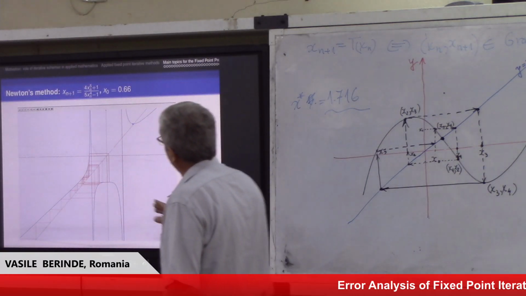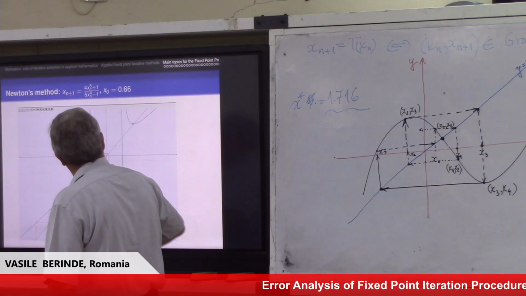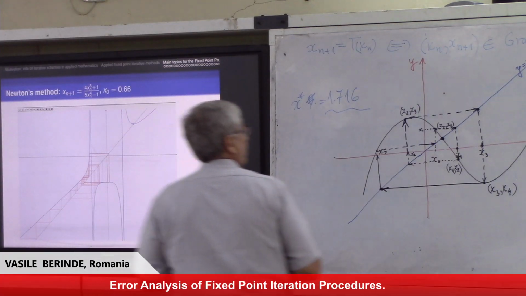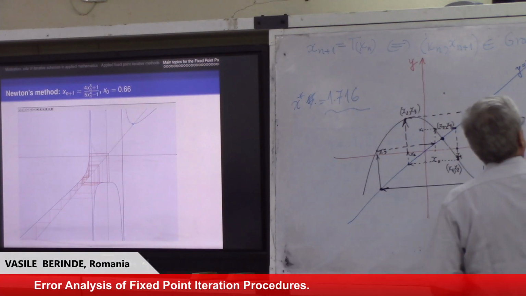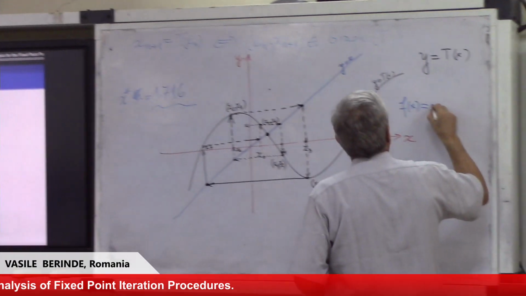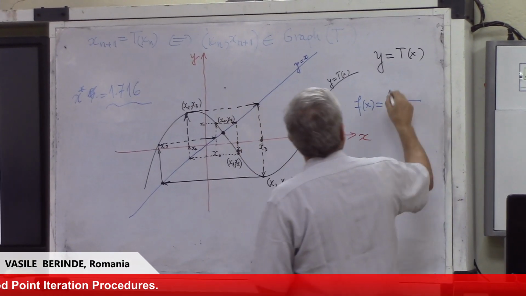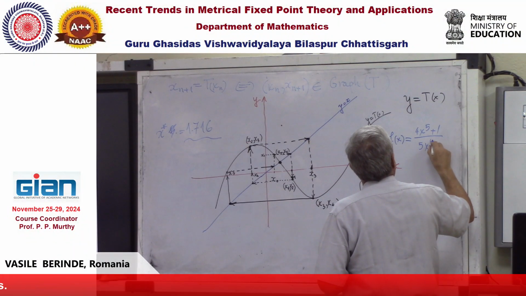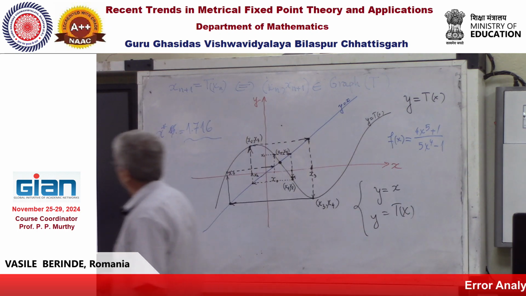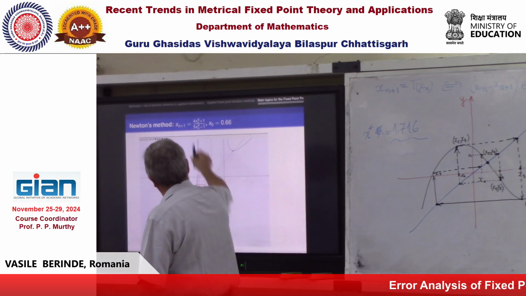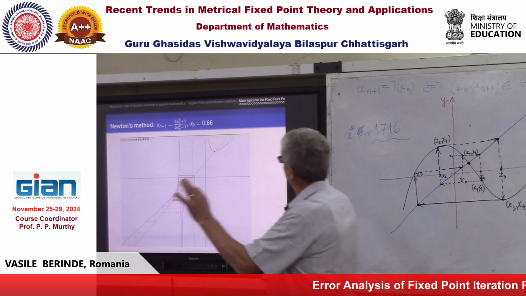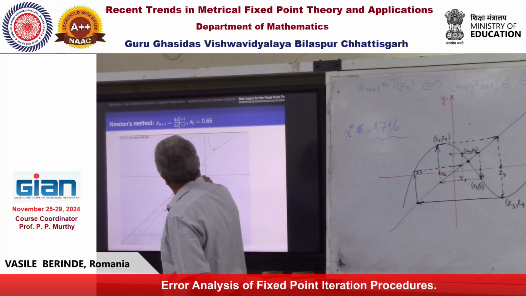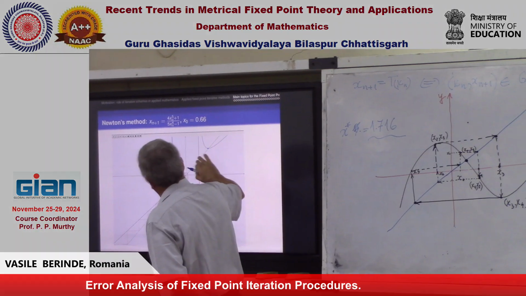If we move this initial starting point, we should note that this function, you for sure have studied how to graph a function. So this function has a vertical asymptote here, a vertical asymptote here, and this is the graph. Because of this asymptote, if we start here, we'll never cross the asymptote.